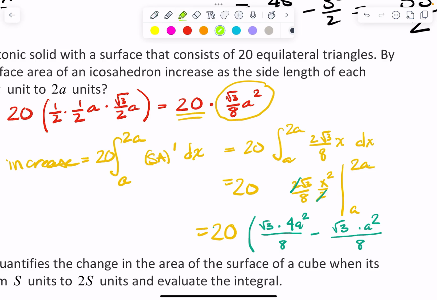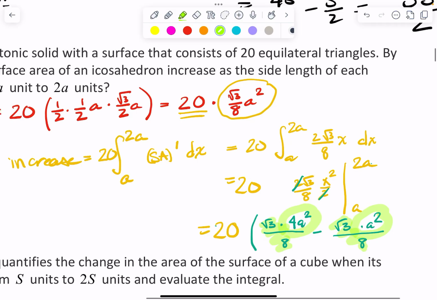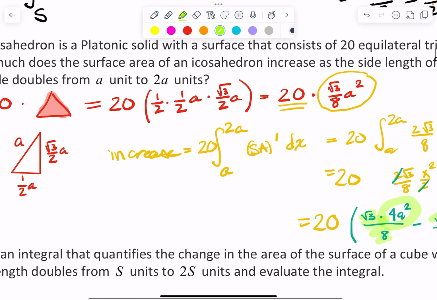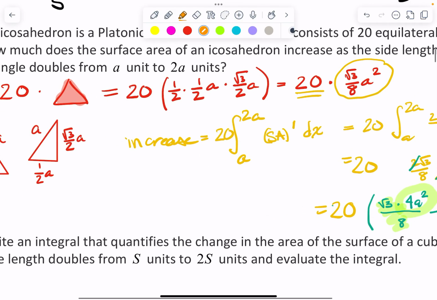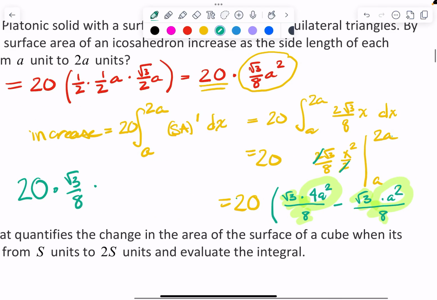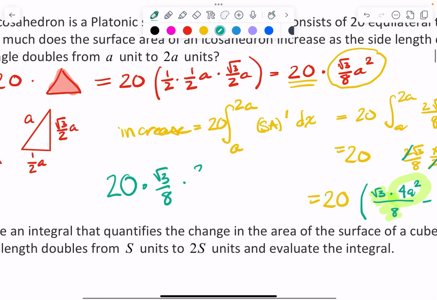Now, I do want to point out that they have this in common. So really, I can just subtract the a squared parts. So I'm going to get 3. What I'm going to get, I'm going to write it over here, is 20 times the square root of 3 over 8 times 4a squared minus a squared, which is 3a squared.